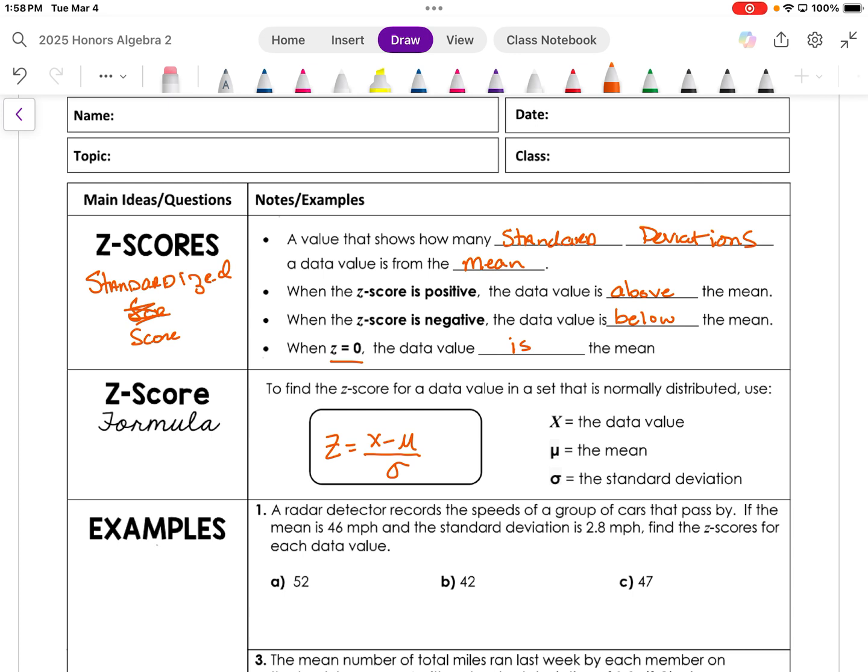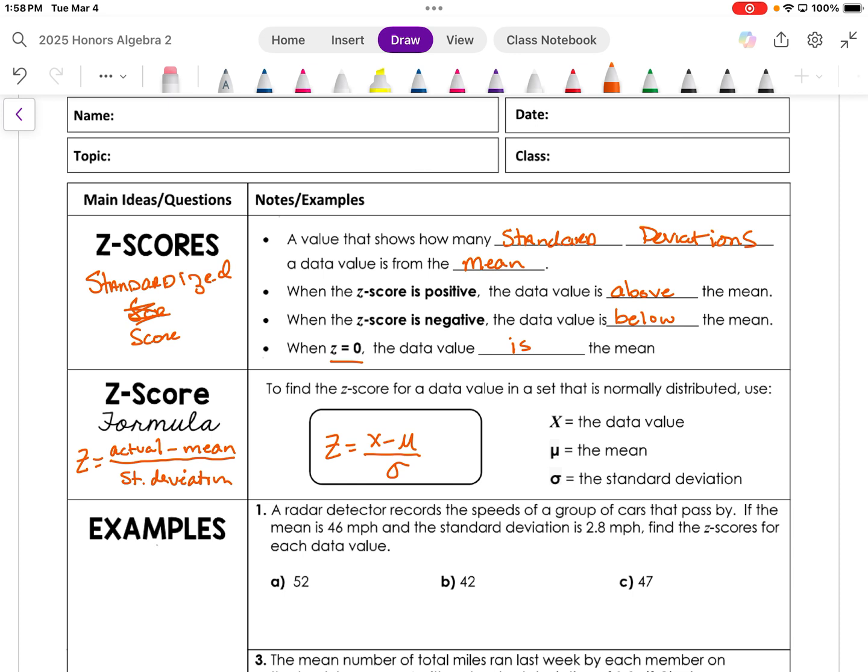I usually say that in words: the z is equal to the actual minus the mean divided by the standard deviation. That's what you're doing more or less as we think about words. Your actual value minus the mean divided by the standard deviation gives us our z-score.